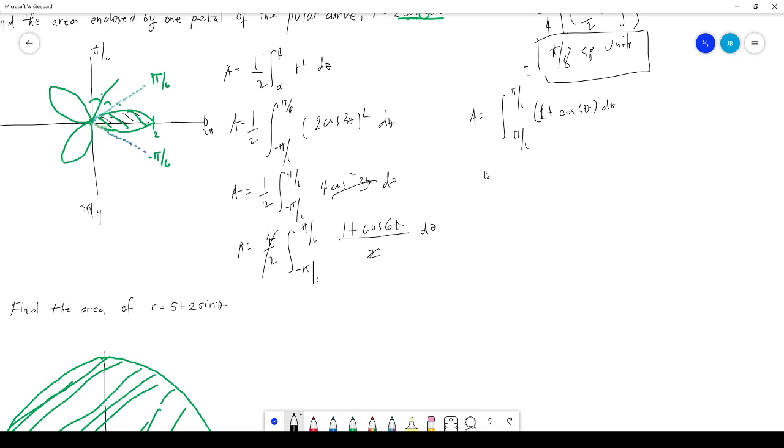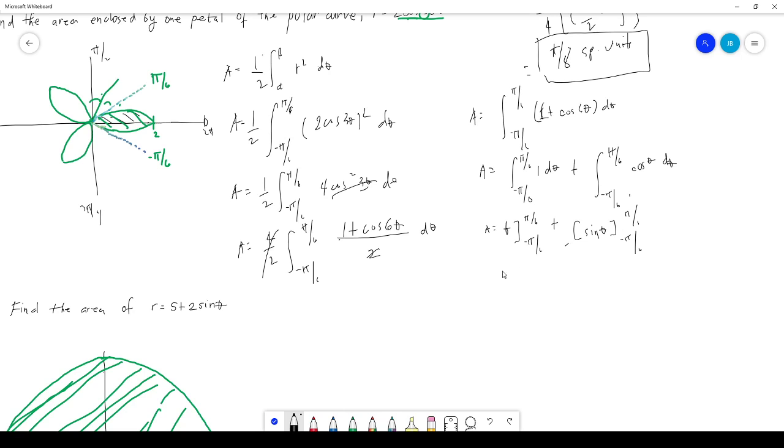We can separate them for faster work: the integral from negative pi over 6 to pi over 6 of 1 d theta plus the integral from negative pi over 6 to pi over 6 of cosine 6 theta d theta. So area is equal to theta from negative pi over 6 to pi over 6, plus what is the integral of cosine? That's positive sine. So that is from negative pi over 6 to pi over 6.